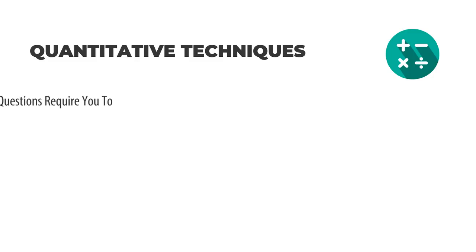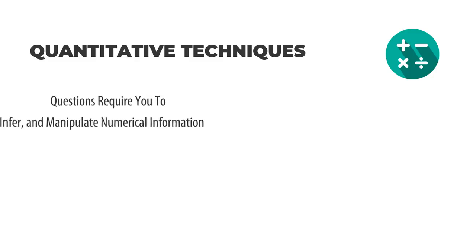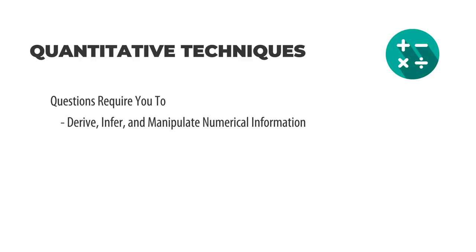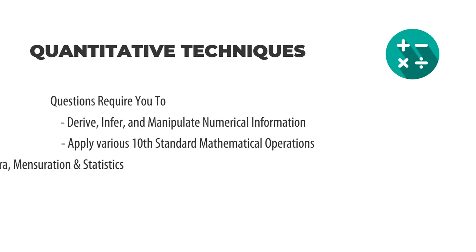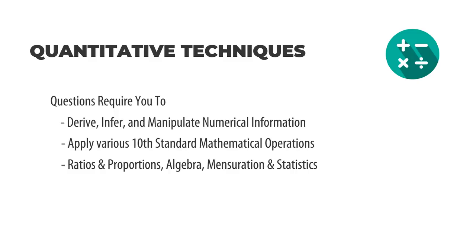The questions will require you to derive, infer, and manipulate numerical information set out in such passages, graphs, or other representations, and apply various standard mathematical operations on such information, including from areas such as ratios and proportions, basic algebra, mensuration, and statistical estimation.